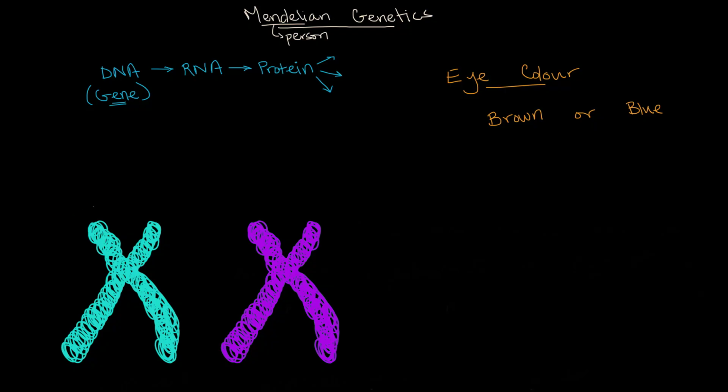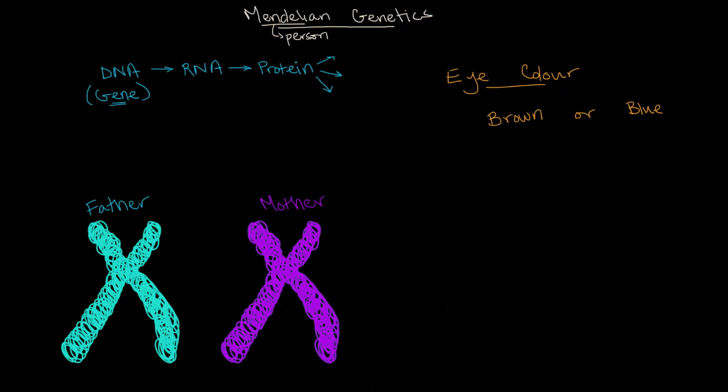And the reason for that is we have two chromosomes, one from our mother and one from our father. So again, we talked about this in the last video. We have one copy of a chromosome from our father, and we have one copy from our mother. And they both have the same genes that encode for the same proteins. So we have kind of two of every gene that we need.